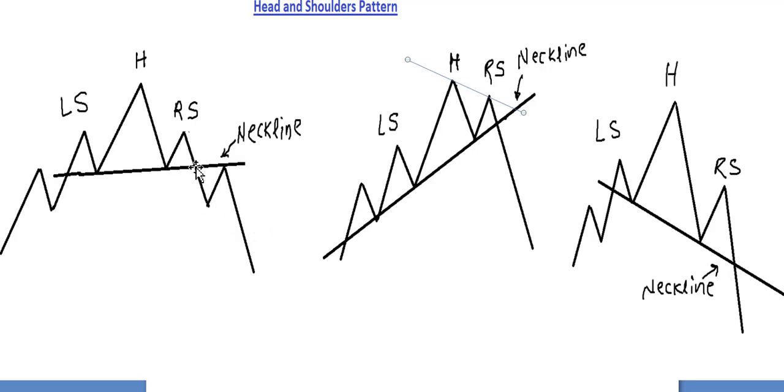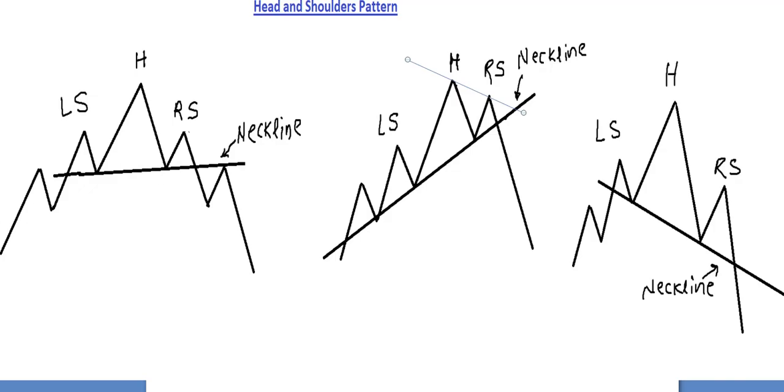Let's say we miss this chance to enter here. We can enter when we get a throwback here, right? We can enter because this will act as a strong resistance. This line, the neckline, always acts as a strong resistance. So this pattern is called the Head and Shoulders pattern.